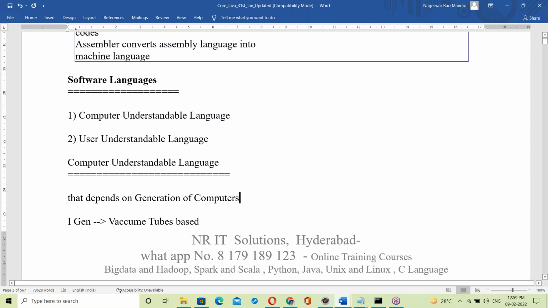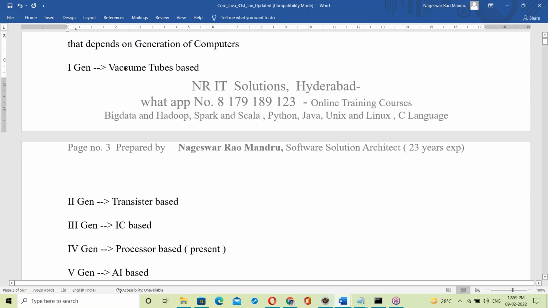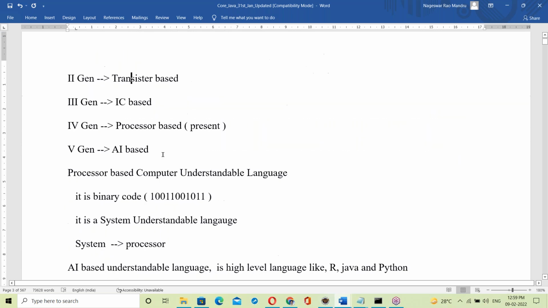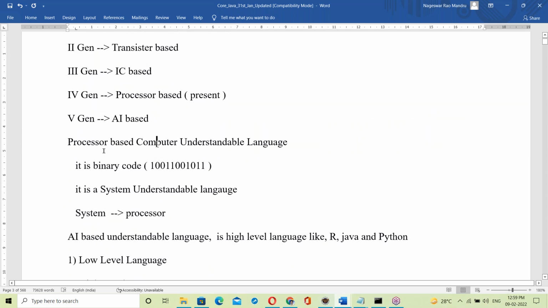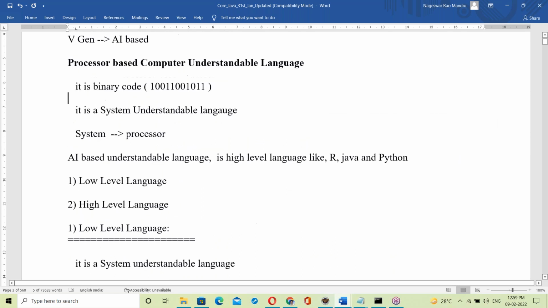That depends on the generation of computers: first gen, second gen, third gen, fourth generation. The processor understandable language is binary codes.